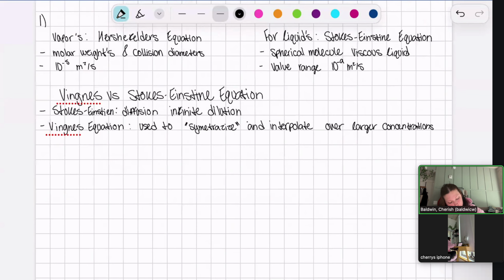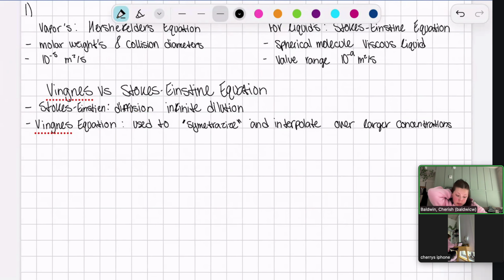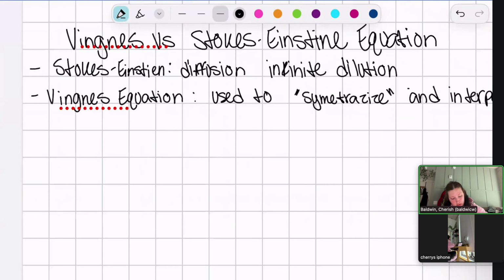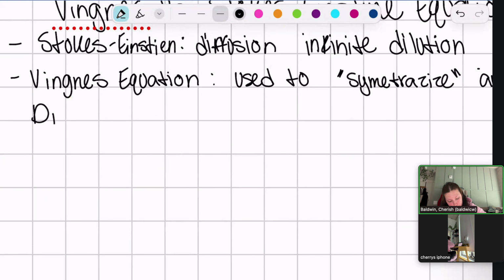After we symmetricize and interpolate over larger concentrations, we get diffusion of 1 to 2, so like A to B, and this is the Maxwell-Stefan diffusivity.